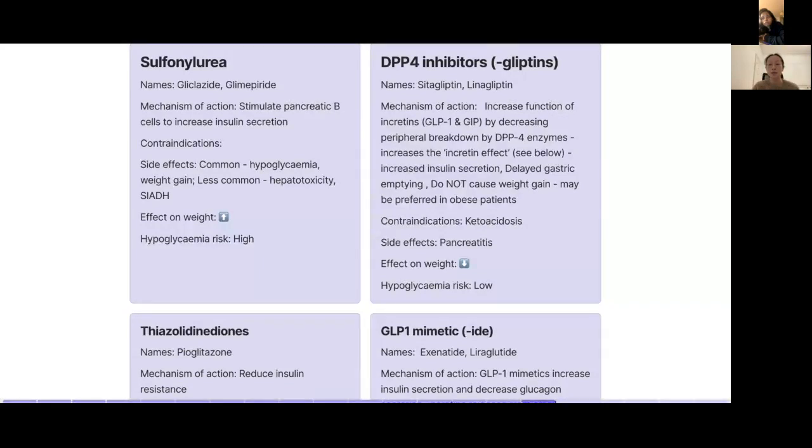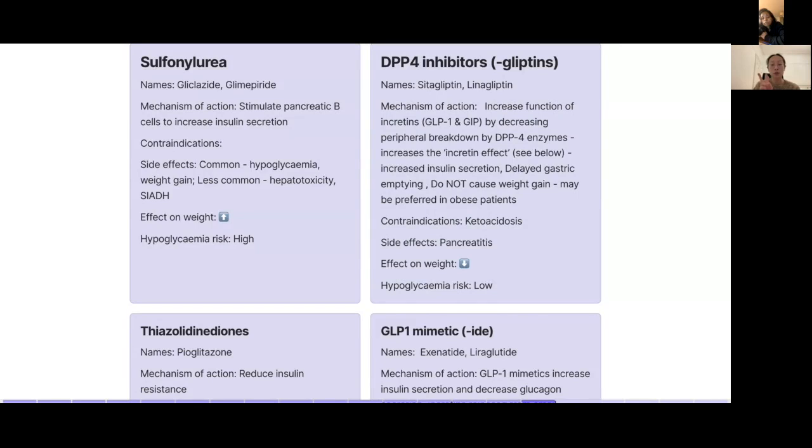So the DPP-4 inhibitors basically stop the DPP-4 enzyme breaking down incretins, so they maintain more incretins in effect, whereas the GLP-1 mimetics mimic the incretin effect to artificially produce more incretin, while DPP-4 inhibitors naturally prevent incretin breakdown.